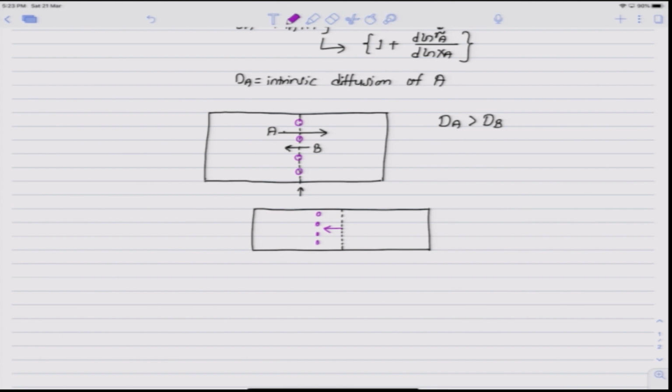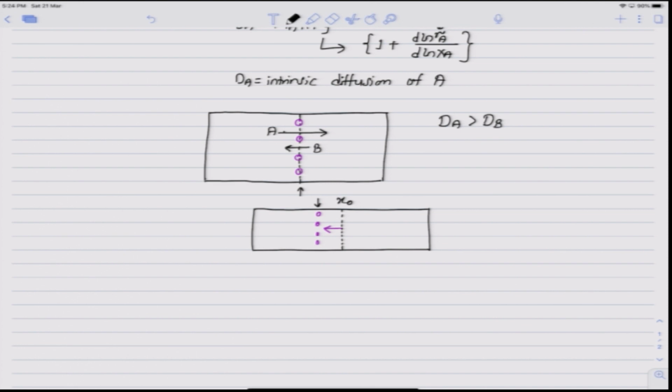Now if we measure the diffusion flux with respect to a frame of reference which is fixed to the Matano plane, that is the plane which we found as the initial contact plane, the flux would be different than if we measure the flux with respect to the frame of reference which is stuck to this marker plane.